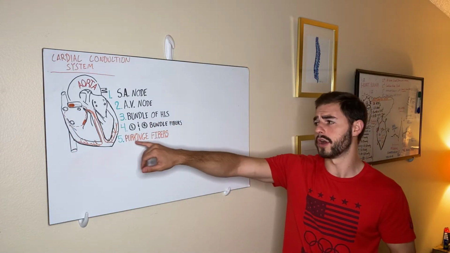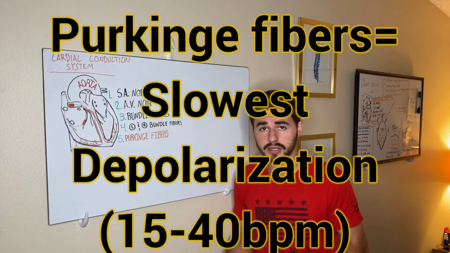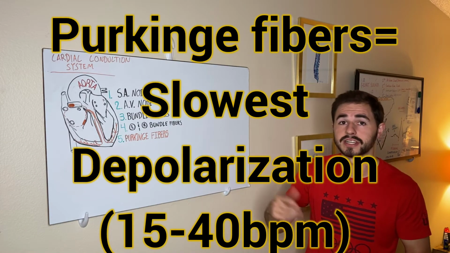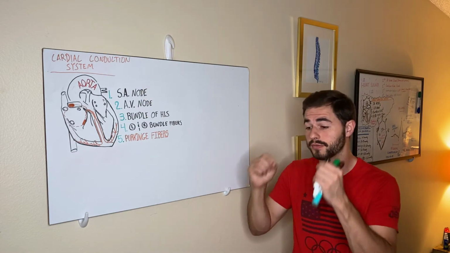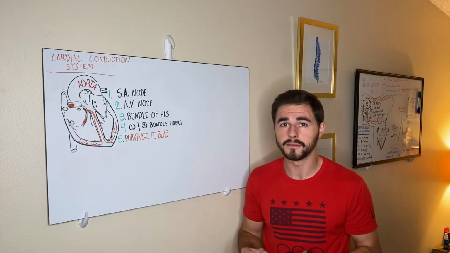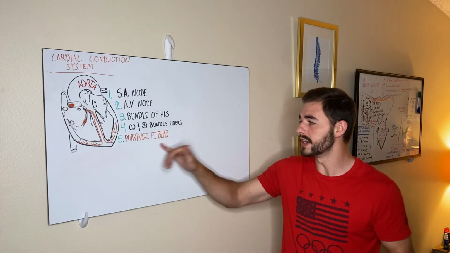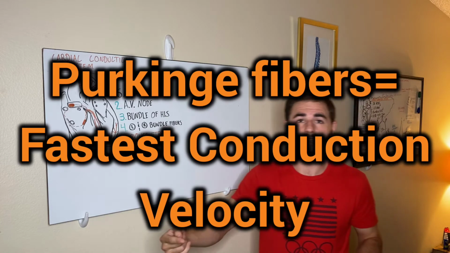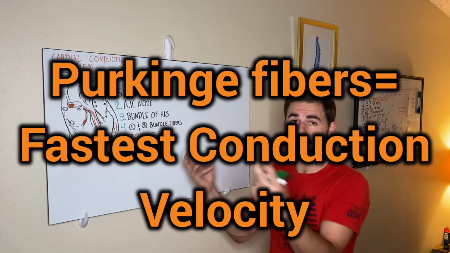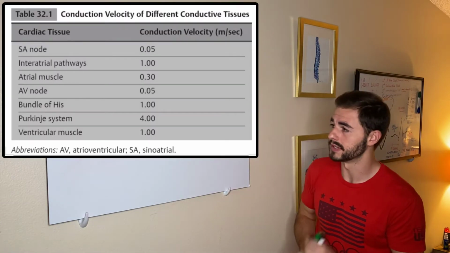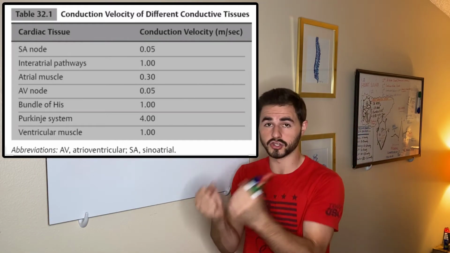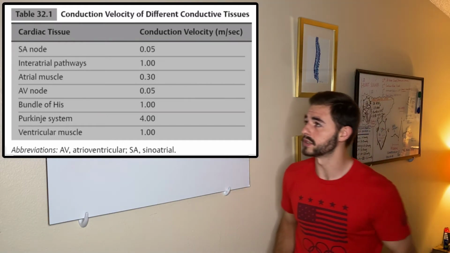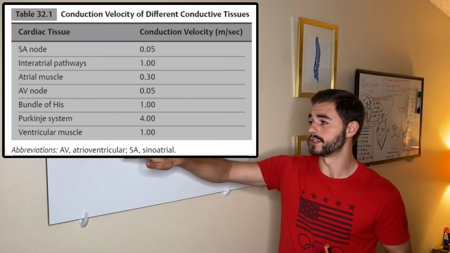And we should know that the Purkinje fibers are the slowest. I'm not sure what they fire at, but the reason I'm telling you this is because for conduction velocity, that's a different story. The Purkinje fibers are actually the fastest at conducting their action potential, or their ability to allow a contraction. So that's pretty much all you need to know for step 2.